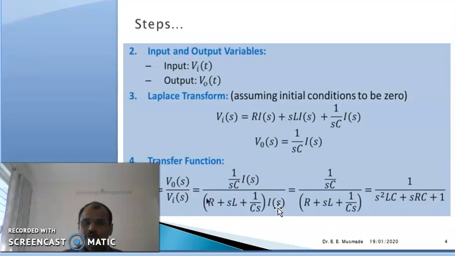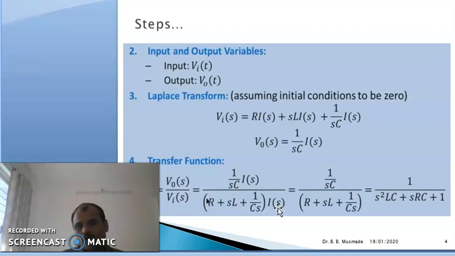For equation 1 we have Vi of s is equal to R, which is fixed, not time varying, so R I of s plus s into L I of s plus 1 upon s into C whole multiplied by I of s.